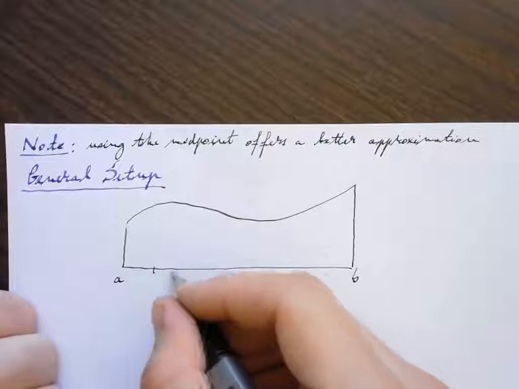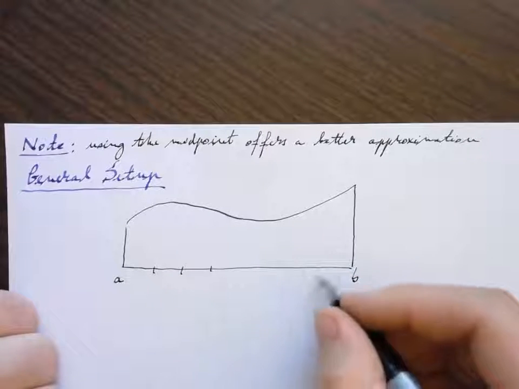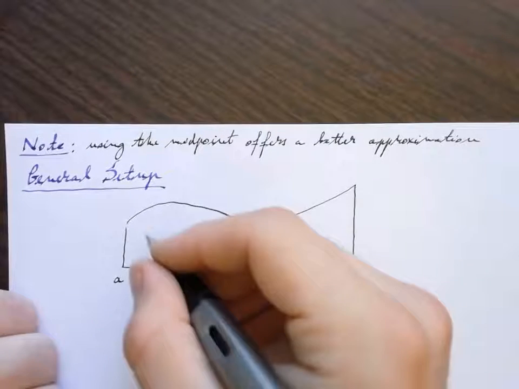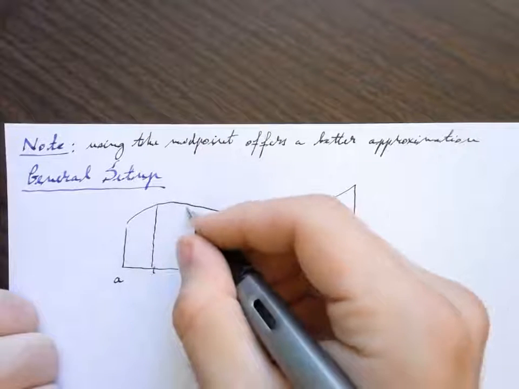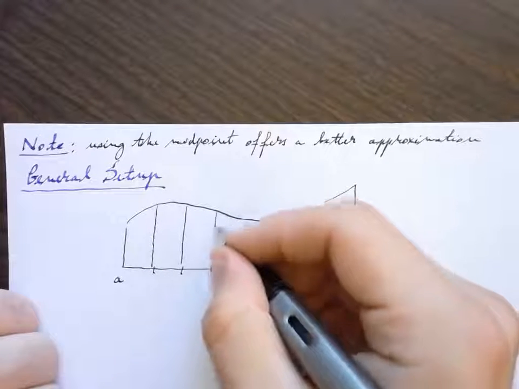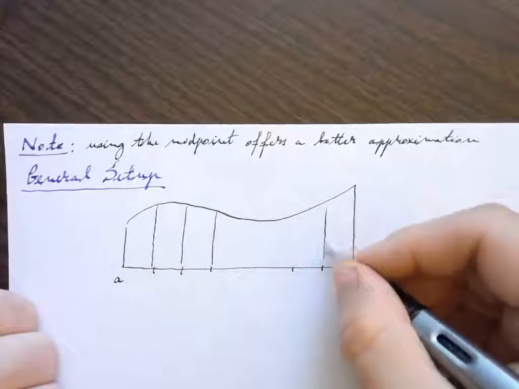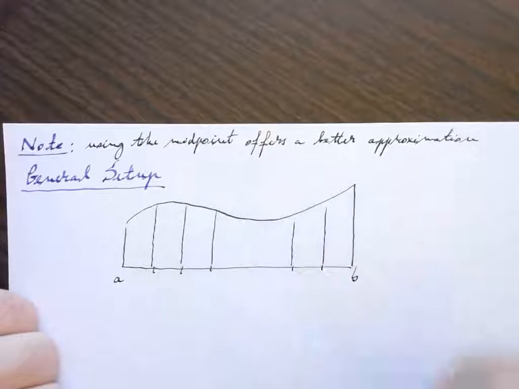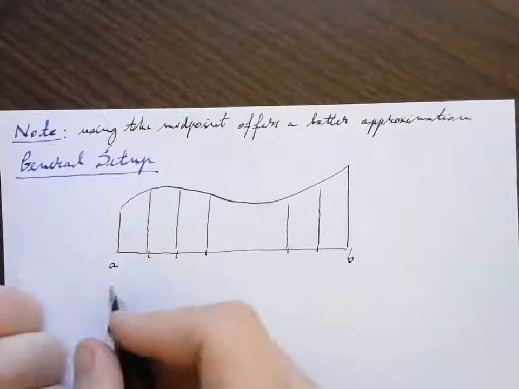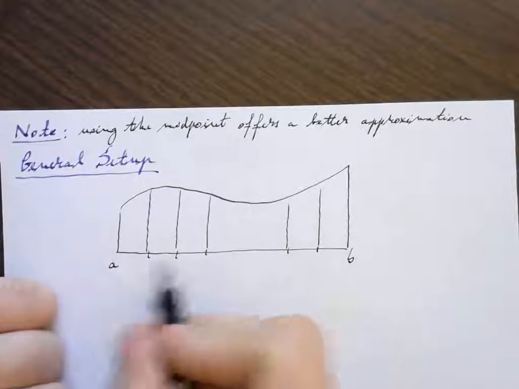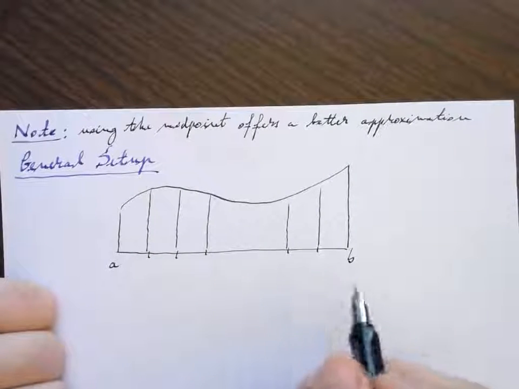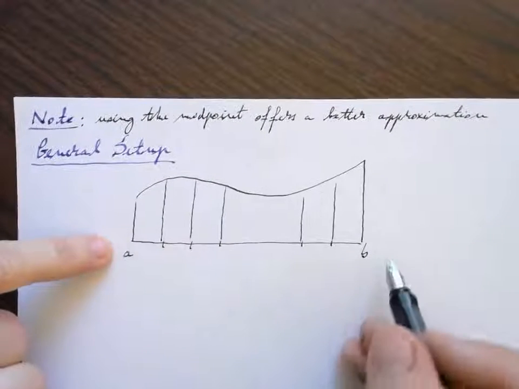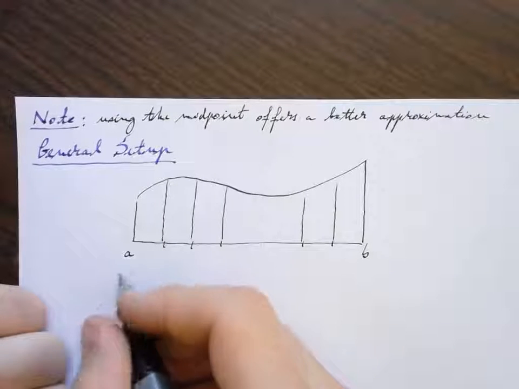I want to break this up into n rectangles, where n is some integer, like this, and this determines a split of the entire interval from a to b into smaller subintervals.